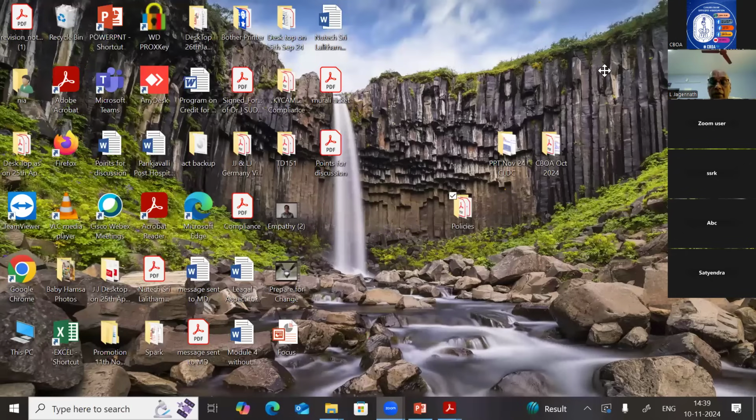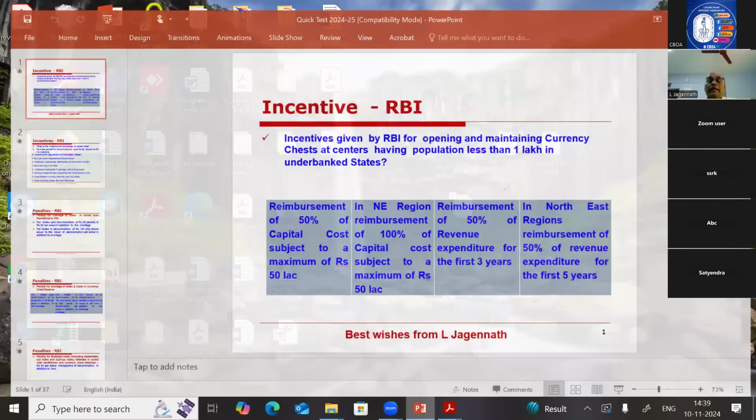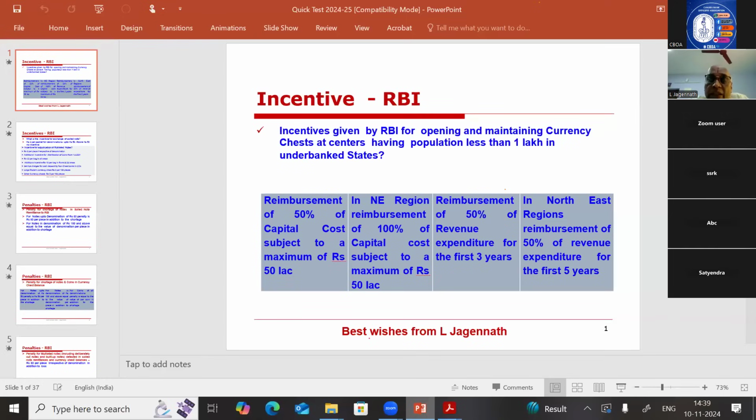Okay, good. Now, RBI has distinguished between northeastern regions and other than northeastern region. If a currency chest in a population less than 1 lakh area in underbanked states, other than northeastern regions, is opened and maintained by banks, what is the incentive banks will get?